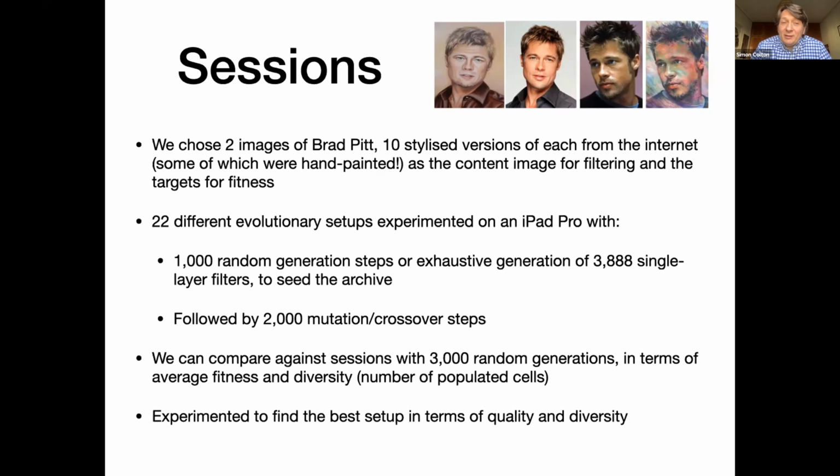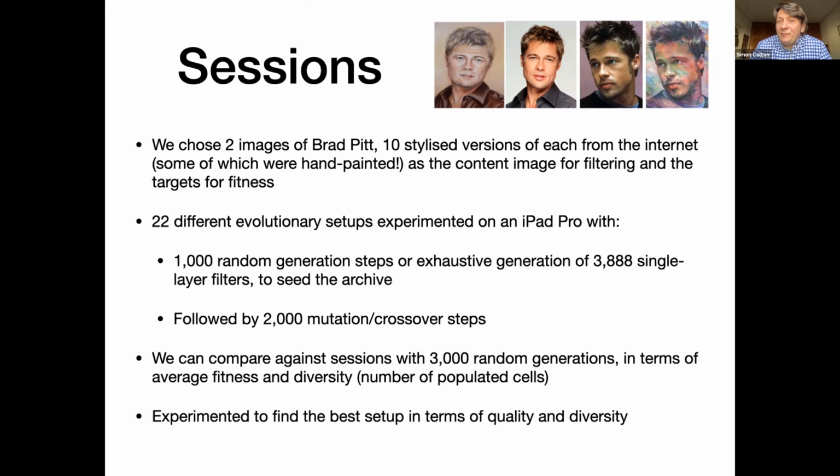I played around with lots of different evolutionary setups and studied 22 of them in a kind of incremental way, all on my iPad Pro. And I tested them out by generating 1,000 random filters to start with and populating the archive in that way. And in another way, I seeded the archive by generating all 3,888 single layer filters, which worked better actually.